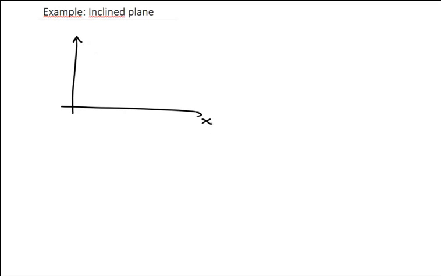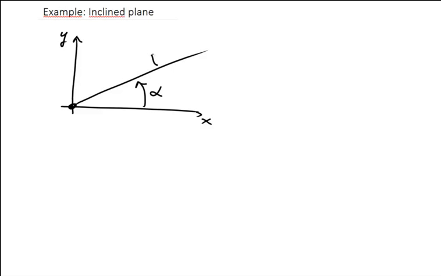In 2 dimensions, the third dimension can be suppressed. You have an inclined plane. The inclination angle is alpha.